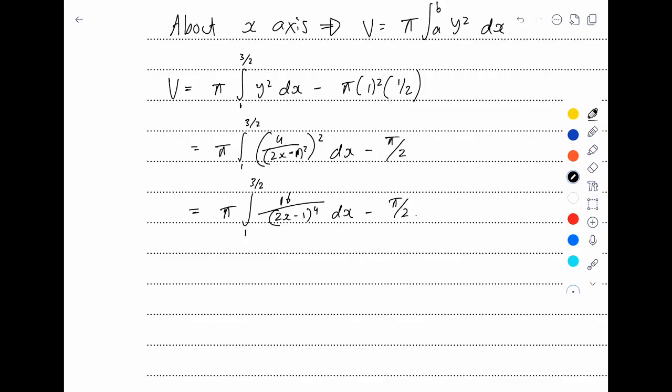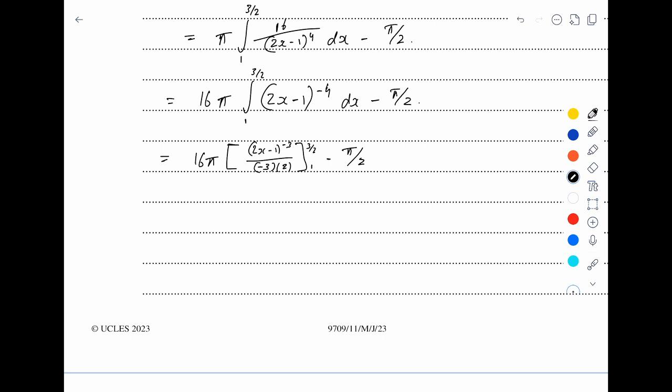Now pay close attention here, because this is where it's really easy to slip up. Can you guess why? The reason is we have to do reverse chain rule, which gives us 16 pi times (2x minus 1) to the power of negative 3 over negative 3 times 2. And this is all bounded between 3 over 2 and 1.